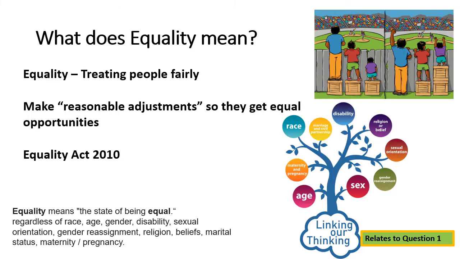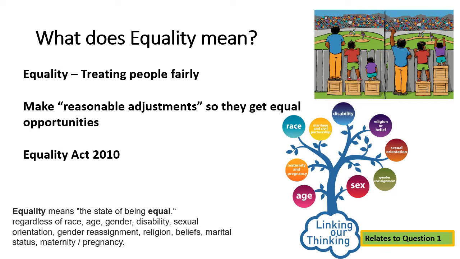So equality, what does that mean? Equality is about treating people fairly. And more often than not, when we talk about equality, people often feel it's about treating everybody the same. But we're not all the same.